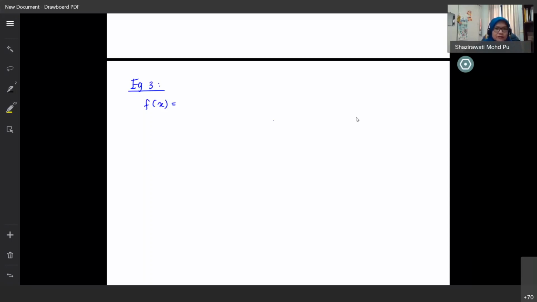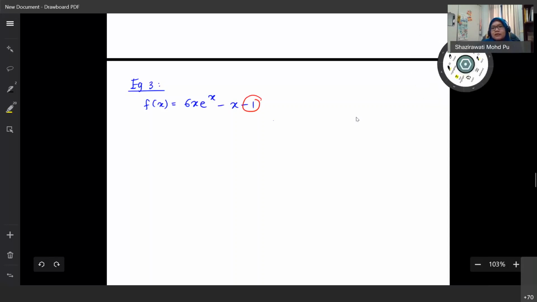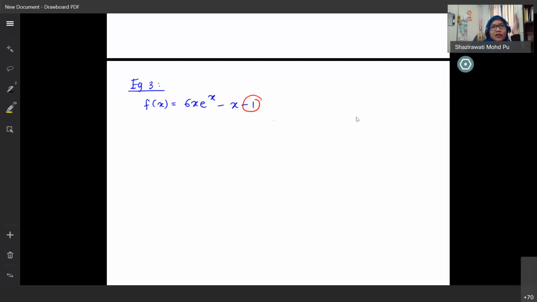So f(x) is 6x e^x minus x minus 1. So be careful, because sometimes the common mistake is here. Normally students just read in their mind left hand side minus the right hand side, but when it comes to writing, students tend to write 6x e^x minus x still plus 1.